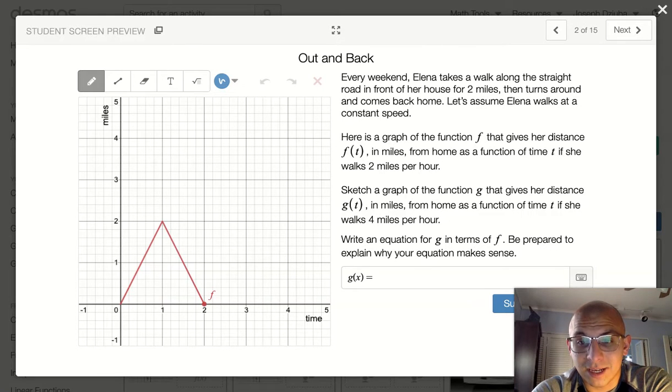Be prepared to explain why your equation makes sense. Now, once again, I am going to overemphasize. She is merely walking 2 miles from her house before returning, but at a constant rate of 4 miles per hour. Take that into consideration when sketching your graph.